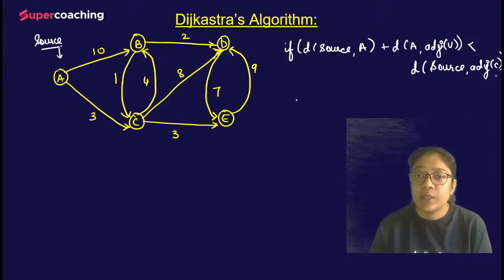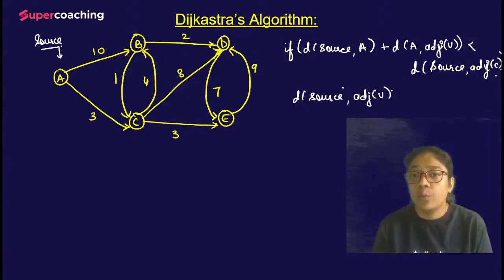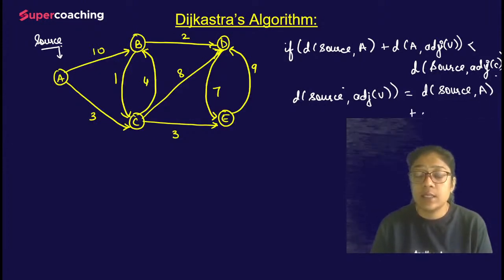Then distance from source to adjacent vertex V will be updated to distance of source vertex to A, that is adjacent vertex, plus distance from A to adjacent vertex B.